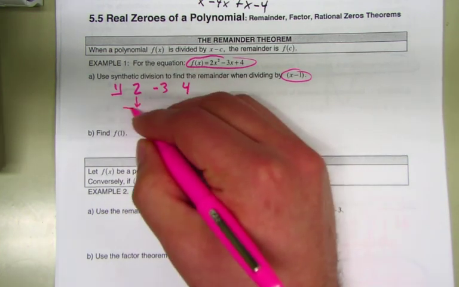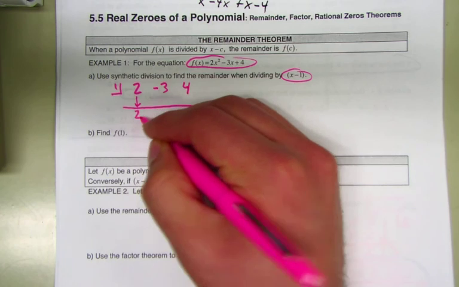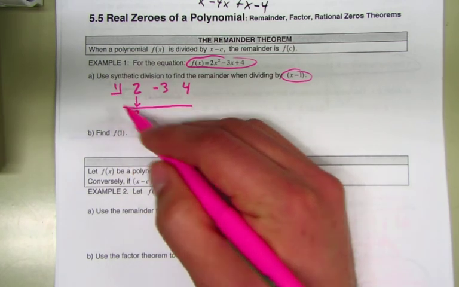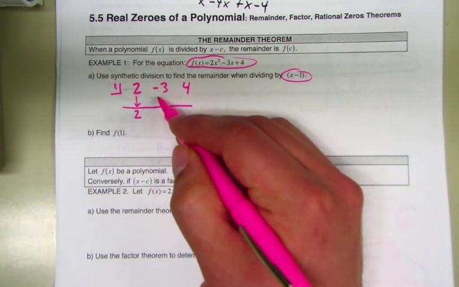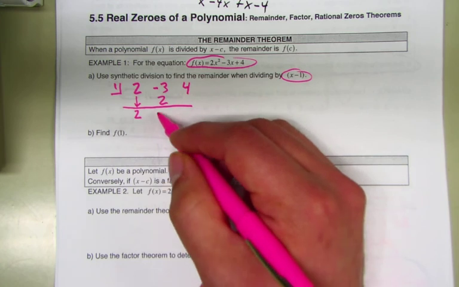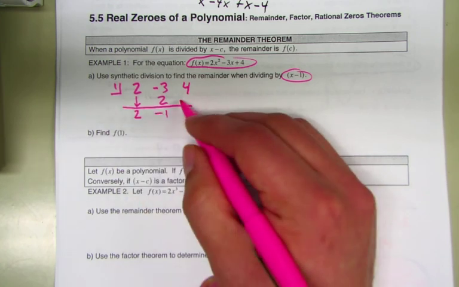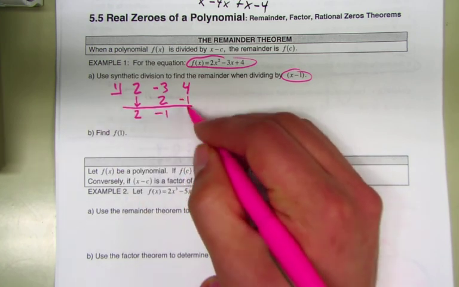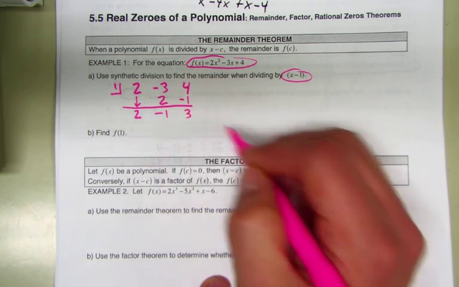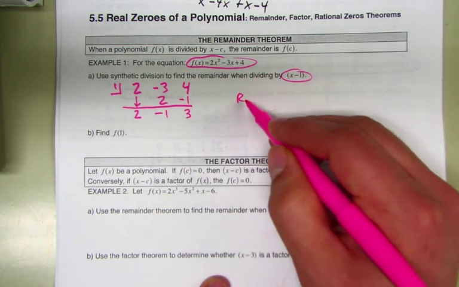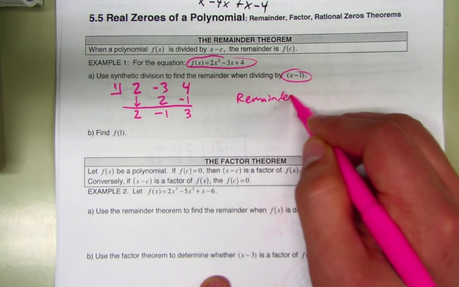First thing we do is bring down this first value. We multiply. We get 2. We add. Negative 1. Multiply again. Negative 1. Add that up. You get 3. So what is the remainder? The remainder is 3. Right.